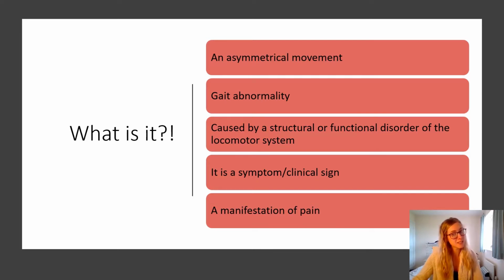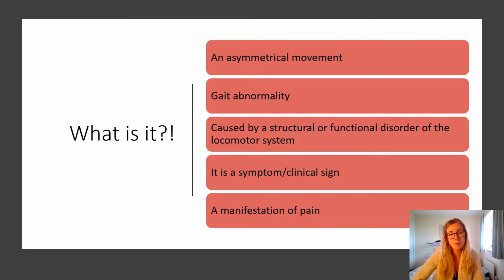A more up-to-date definition has been alteration of the normal gait pattern as a result of functional or structural disorder of the locomotor system. And another definition has been a clinical sign, a manifestation of the signs of inflammation, including pain or a mechanical defect that results in a gait abnormality characterized by limping. Therefore, you can see that they're all really similar. They're all to do with something underlying, they're all to do with pain, and they're all to do with an alteration in movement.